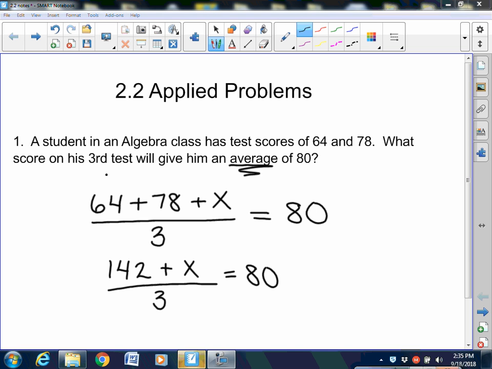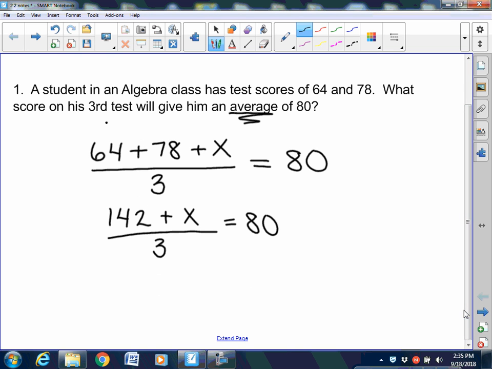Yeah, so you get 142 plus X equals 3 times 80 is 240. And then to get X alone, you subtract 142. And when you subtract 142 from 240, you get X equals 98.